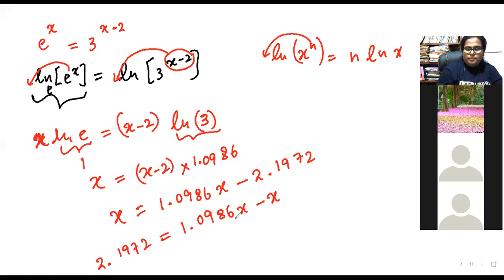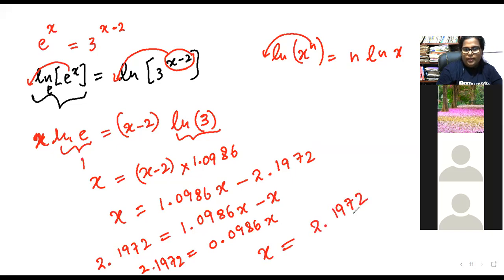By simplifying, you know that the coefficient of this one is 1, so you have to subtract 1 from this coefficient, so it gives you 0.0986x equals 2.1972, and you can get the value of x by dividing 2.1972 by 0.0986. So the x value is 22.28, like this, right?